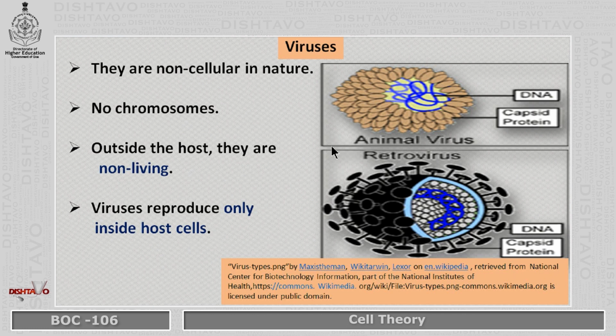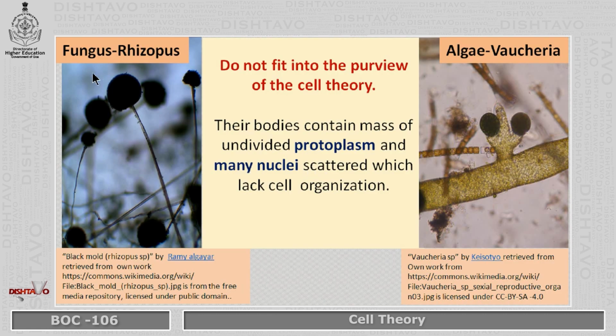So if you see the different types of viruses here, they don't have their own machinery. So we cannot say they are purely living cells. They are dependent on the host, so they are actually parasites. We also have the fungus Rhizopus, and we have the alga Vaucheria.